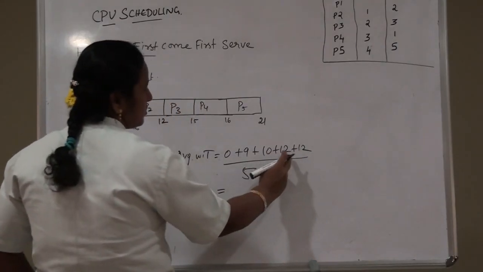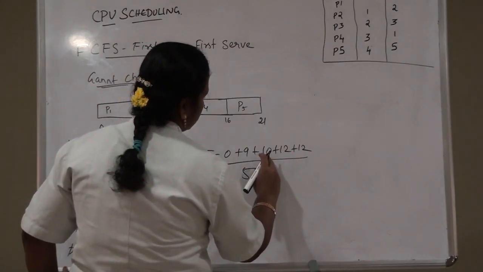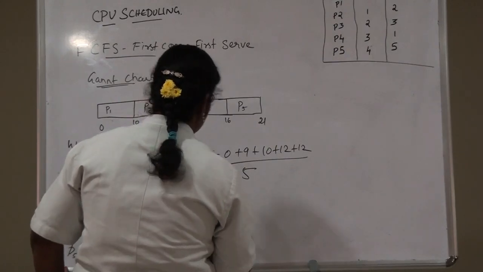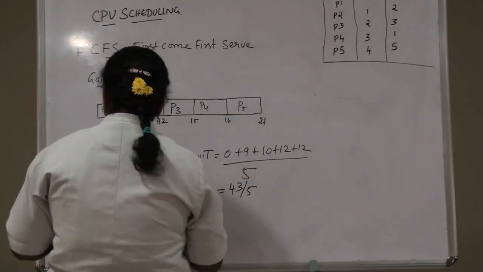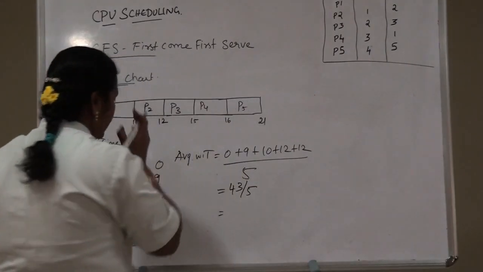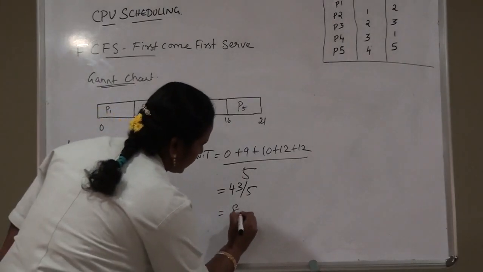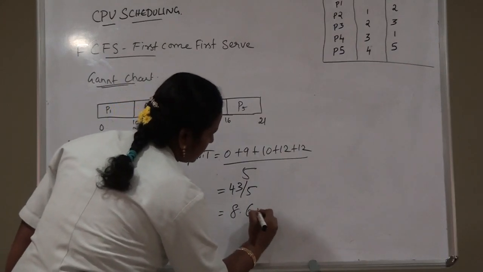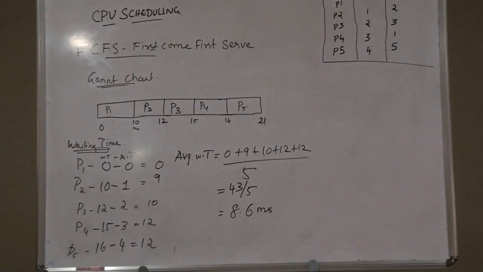You have to add it, so it is 43 divided by 5. When you divide 43 by 5, you will be getting 8.6 milliseconds. So this is the average waiting time for FCFS.